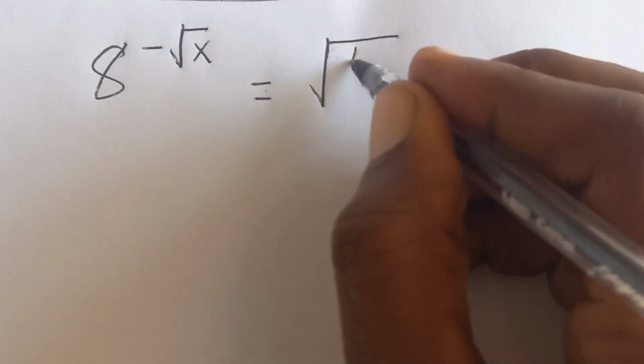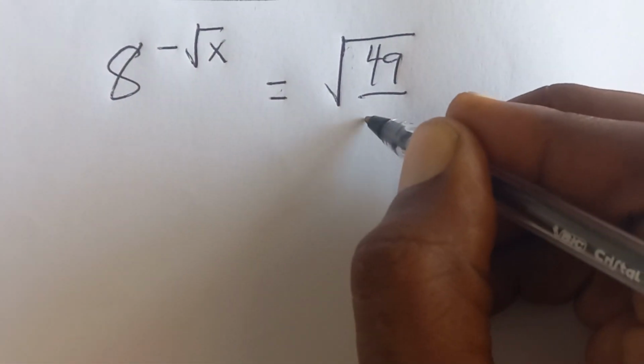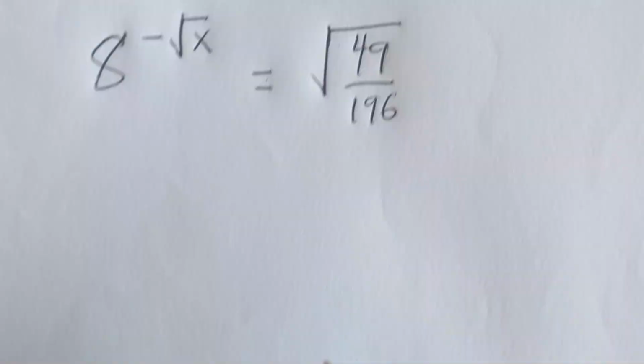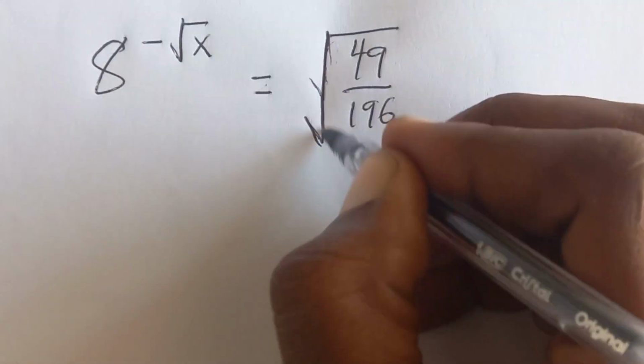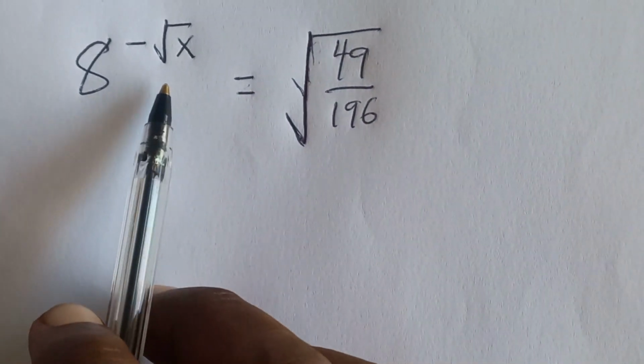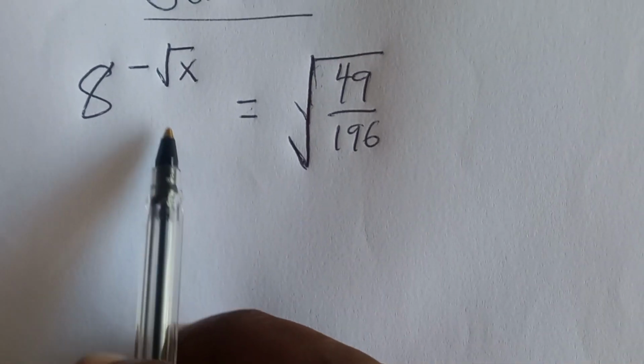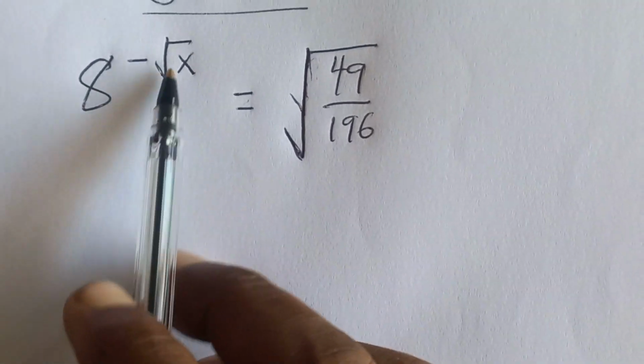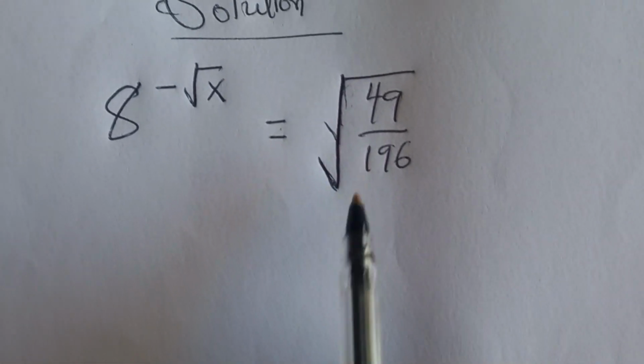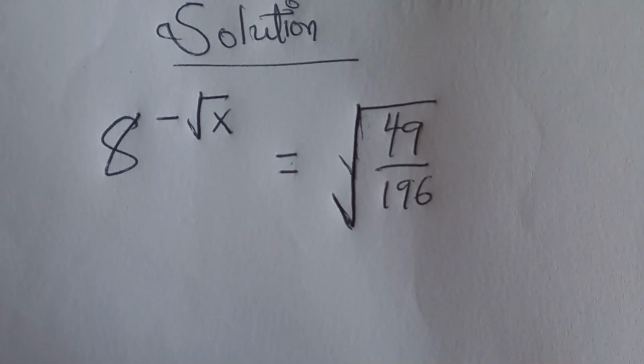Now let's focus on the question. So we have 8 exponent negative root x is equal to root of 49 on 196.